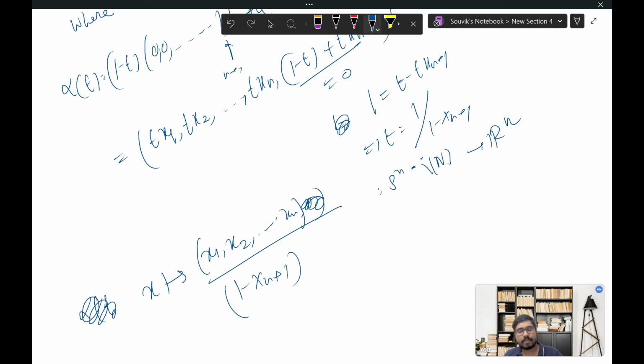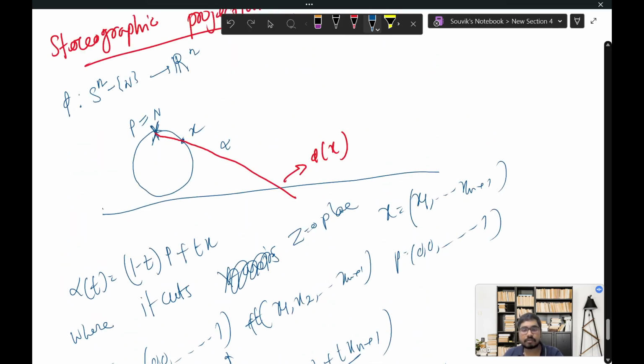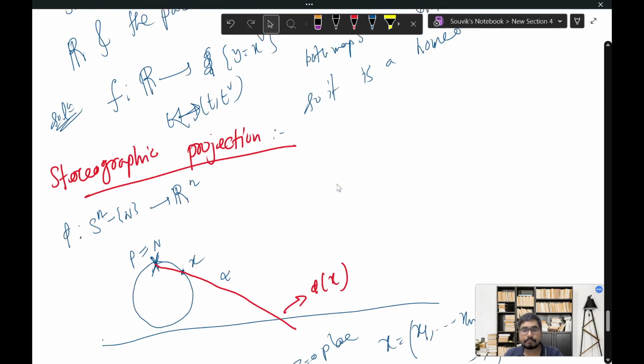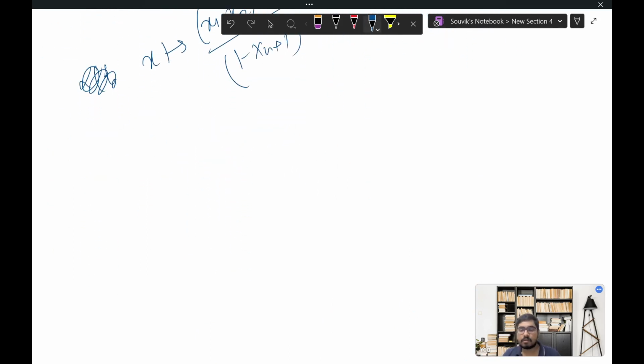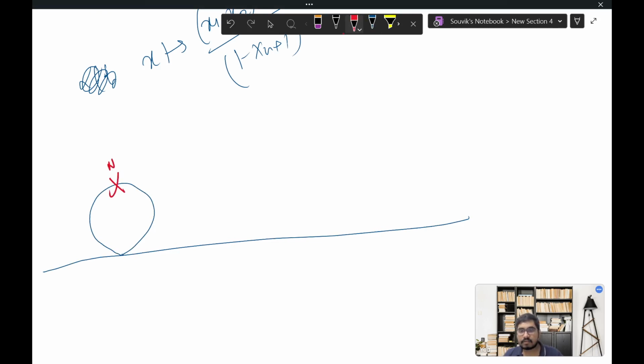This is one map. So how to construct the reverse map? The reverse can be considered as follows. Again consider this plane and again consider the sphere. Let's take the North Pole out.